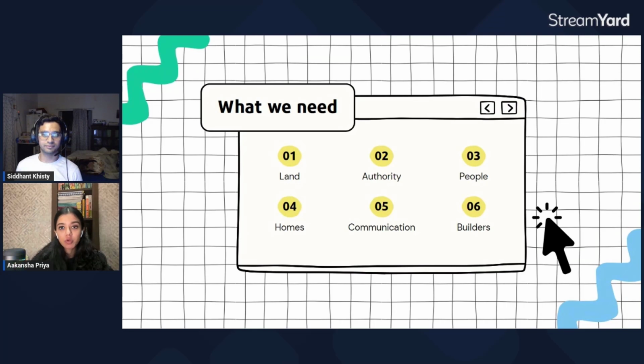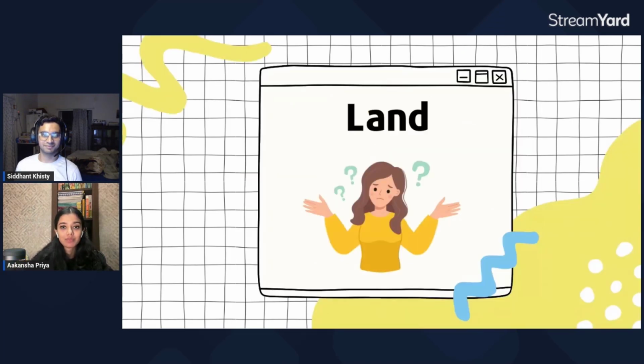Then we have people who will be staying in the country and working for the nation, and we need homes so that those people can stay. And of course, all of this requires a communication setup. Then we need the hard workers who will be building the homes and doing the communication work, everything. So this is what we will be doing.